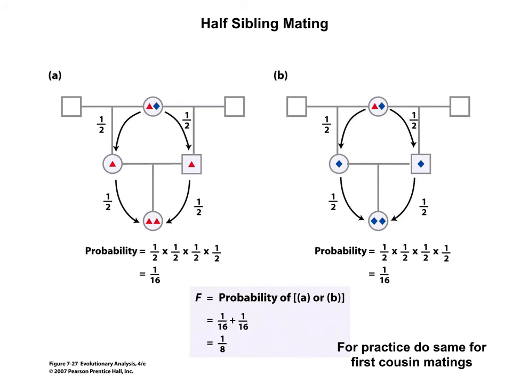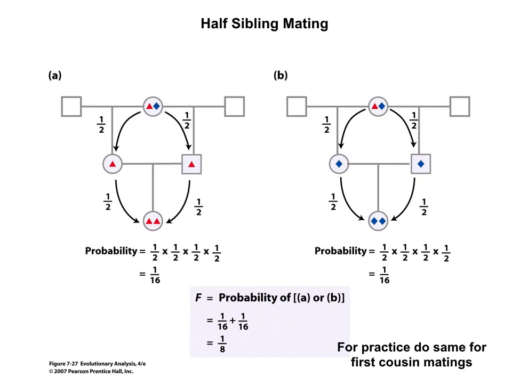So let's look at the common ancestor. The first thing you have to do is say, okay, down here at the very bottom is the grandchild. So we have three generations. The grandchild has a common ancestor, and you can form what we call an inbreeding circle.